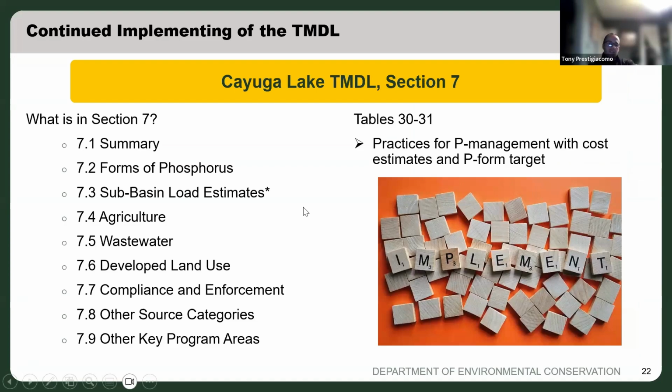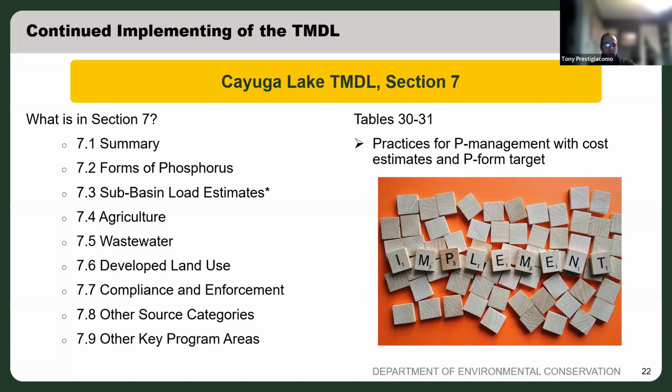And then finally, the continued implementation of the TMDL. There are resources in Section 7. Section 7 is the implementation section. I'm not going to read through all of these line by line, but there's a lot of information in there about the watershed, about the data that went into the modeling. There's sub-basin loading estimates. That also has a little asterisk by it.